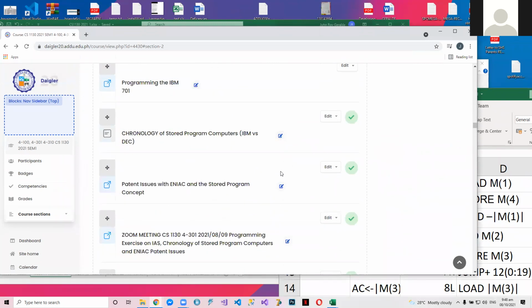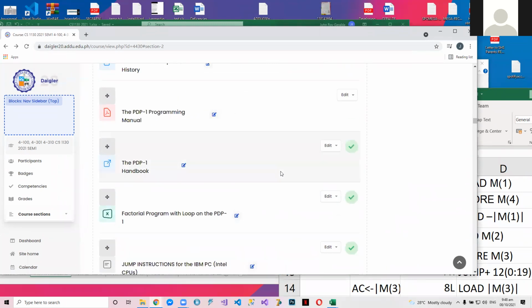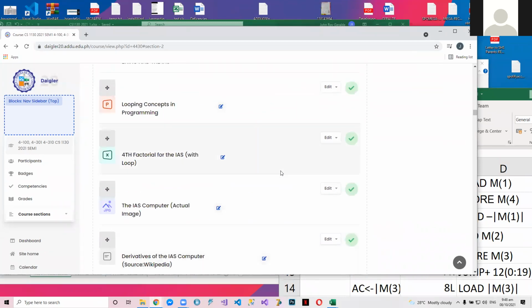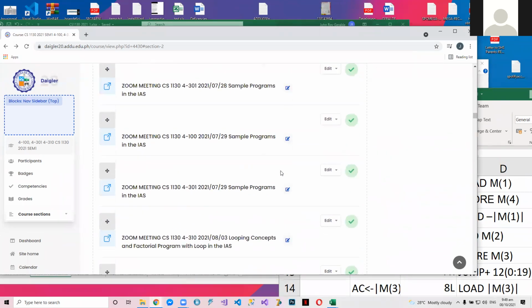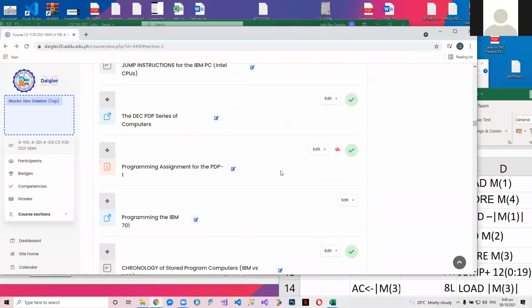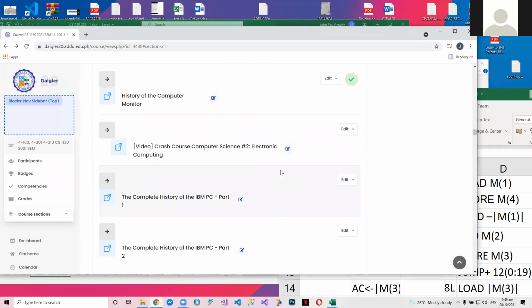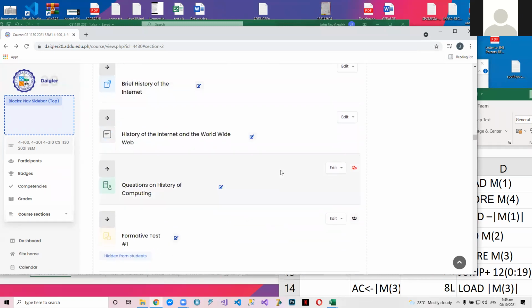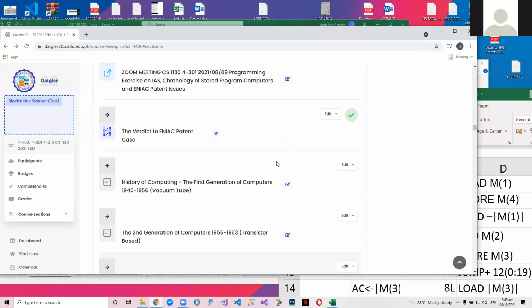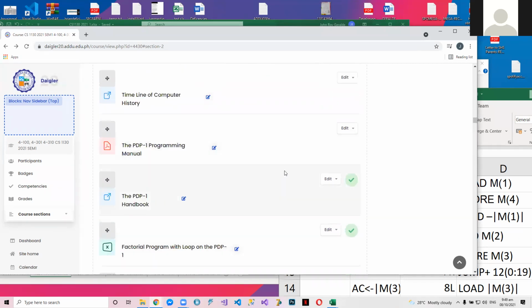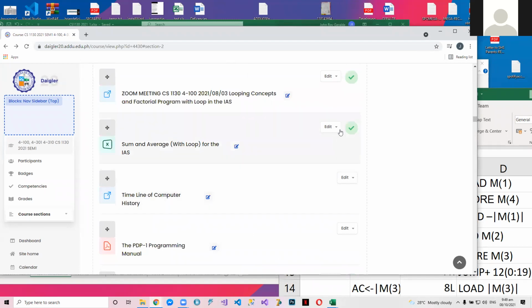Where's that? The sum and average of the IAS. Okay, here.